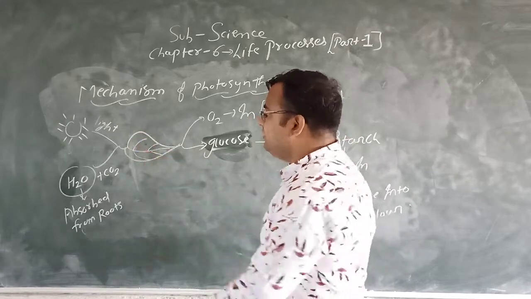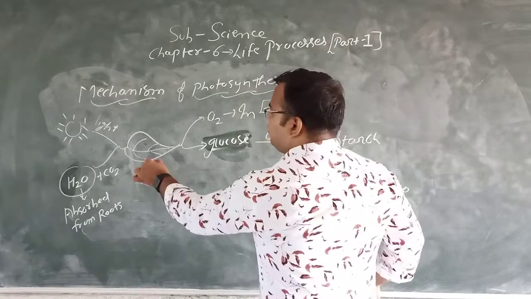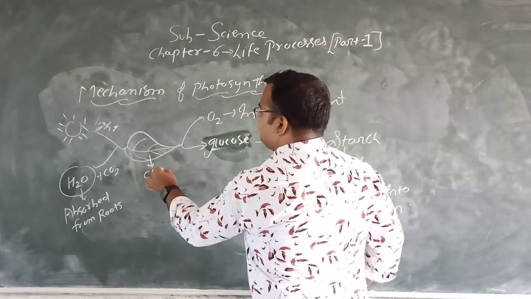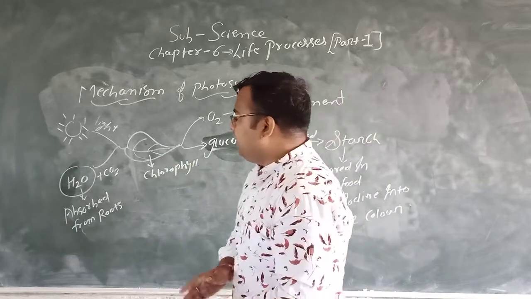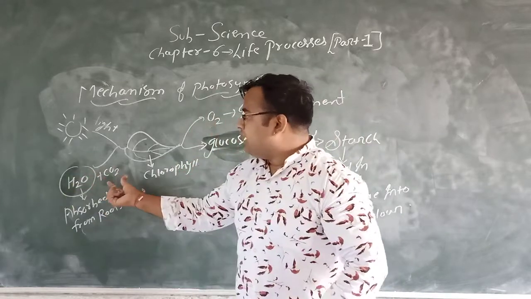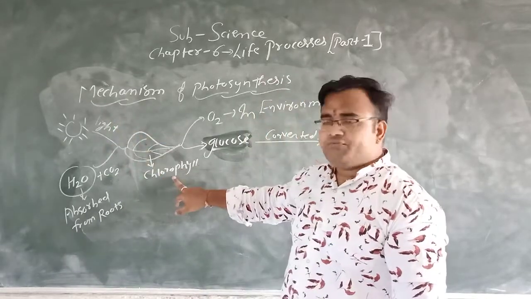Sunlight is absorbed by the leaves, and you know that the leaves contain the chlorophyll. So the water and carbon dioxide combine in presence of sunlight and chlorophyll.